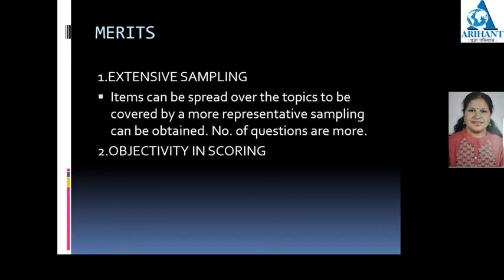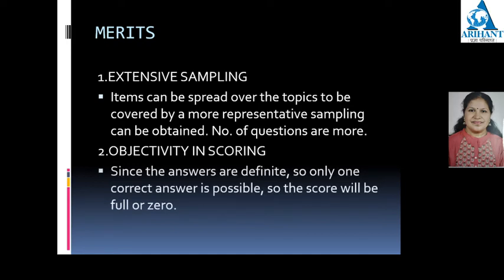The second merit is objectivity in scoring. Means the answer is definite, either correct or wrong. So if many evaluators assess the test, the score will be the same. The evaluator's opinion will not affect the score of the test. That's why there is objectivity in scoring.